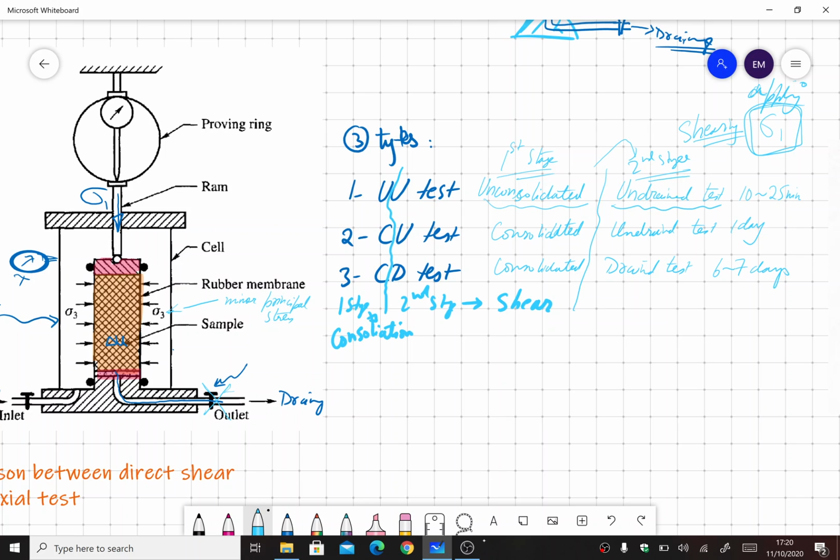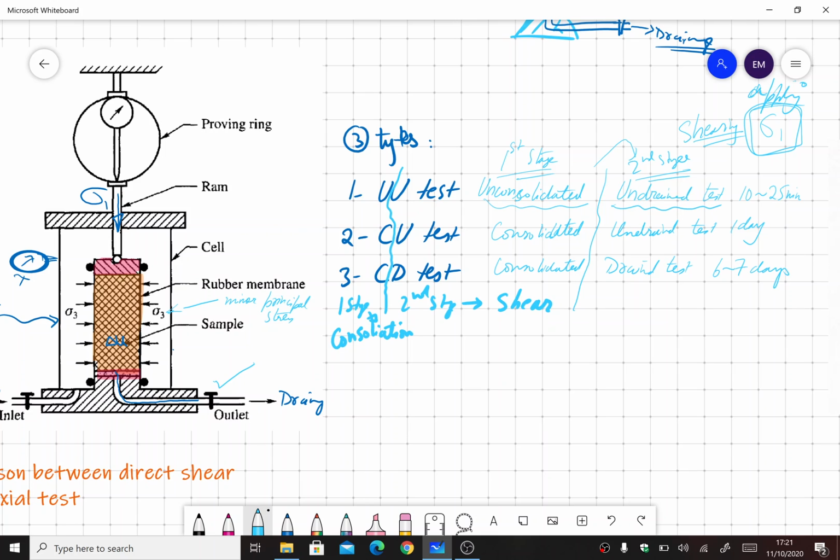The second type of test is the CU test, that is the consolidated and undrained triaxial testing. So in the first phase, when it says consolidated, that means after applying sigma 3, you will have to turn on the drainage valve. So we will turn on the drainage valve and apply sigma 3, and the drainage valve is kept open until there is no more water trickling out.